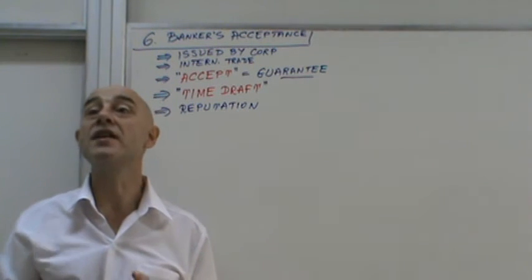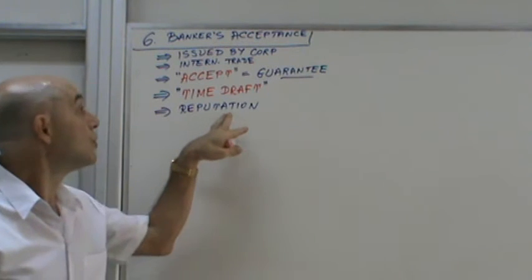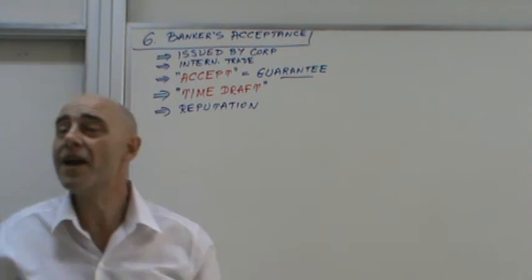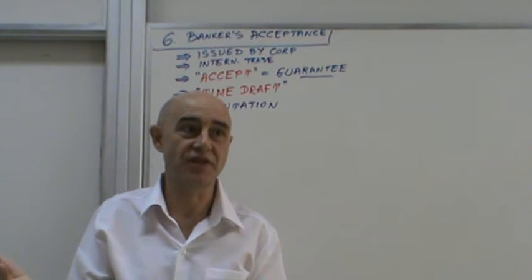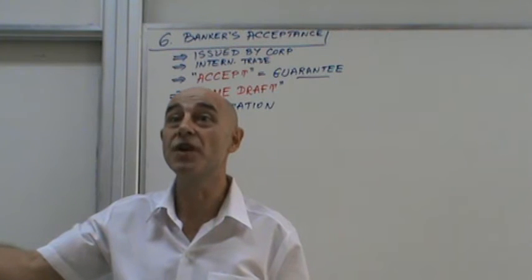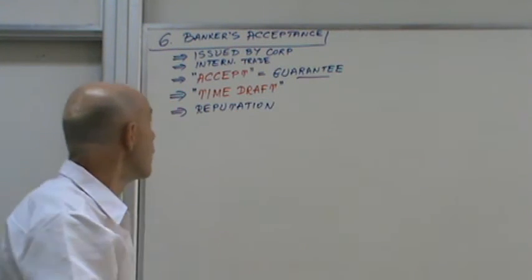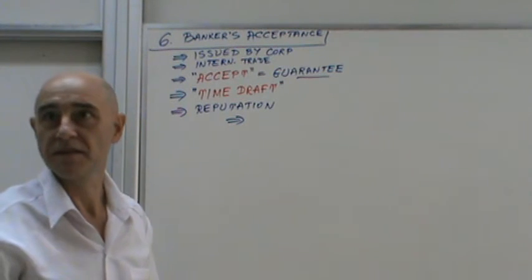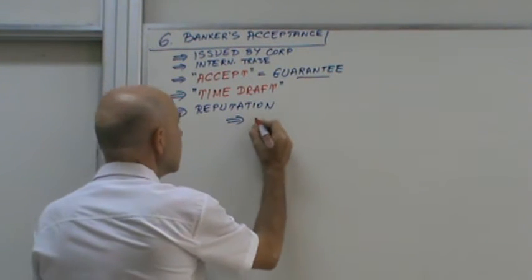The second one, of course, is ruining the reputation. You've got only 30 banks in this country. As soon as one company does it to a bank, we call this thing blacklisting.